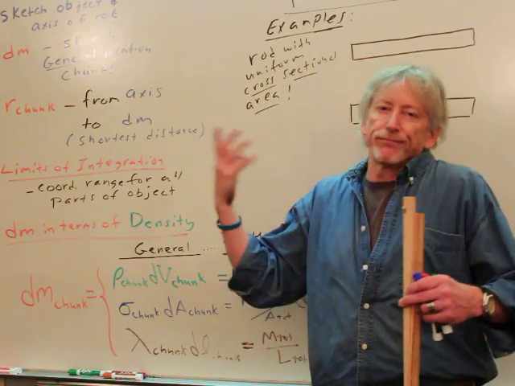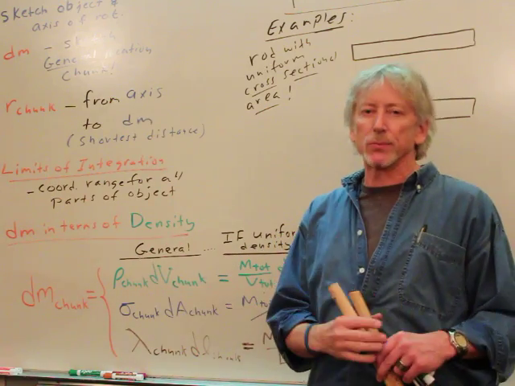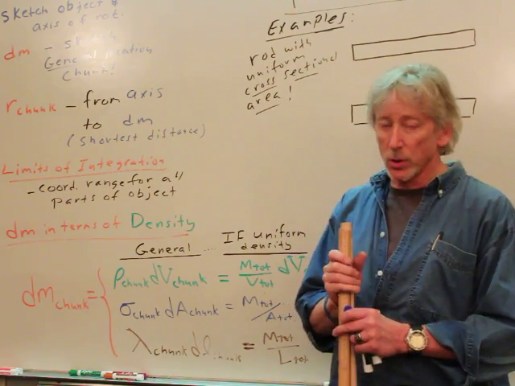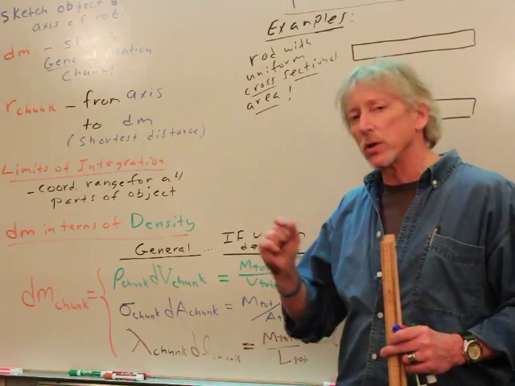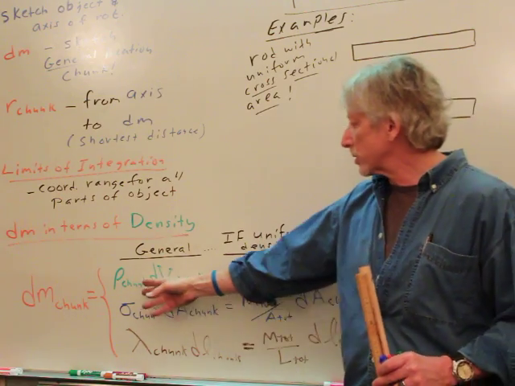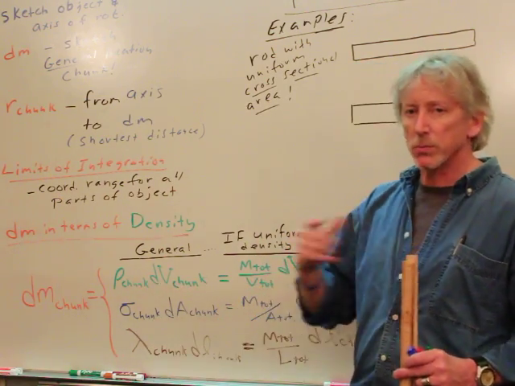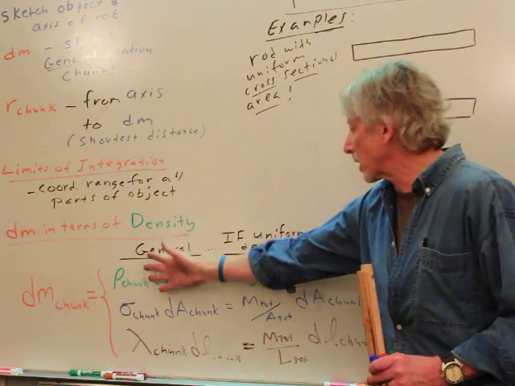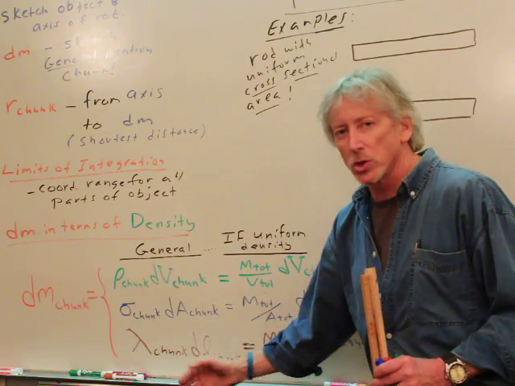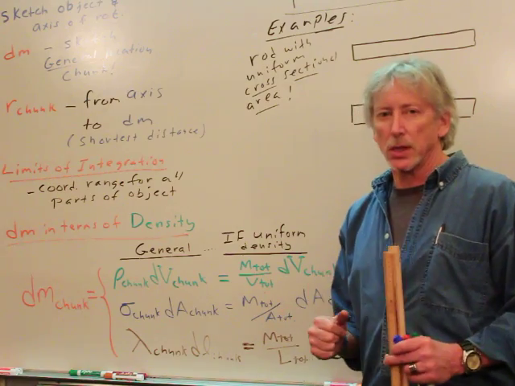It can vary by some equation, just make a simple math equation and do it. Maybe there's an engineering reason why you design it that way so that the density varies with position. Okay? And then you just leave it like that, put in that equation, and go about your business either way.